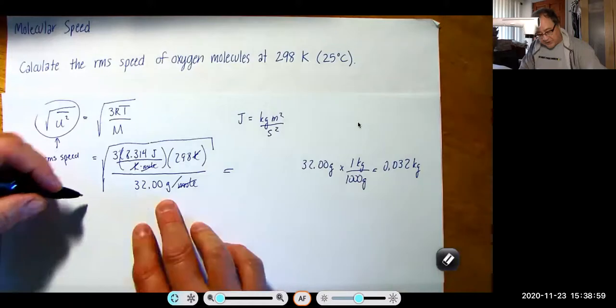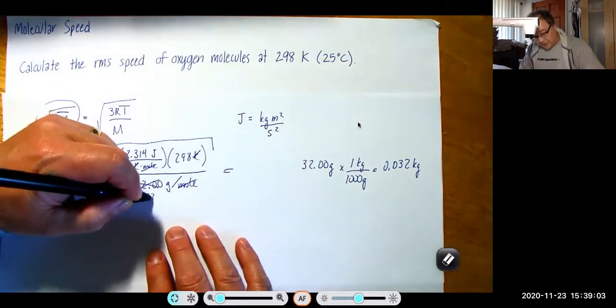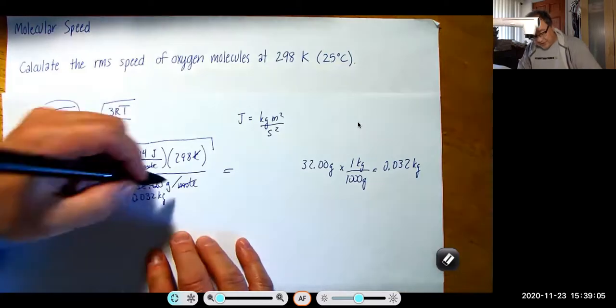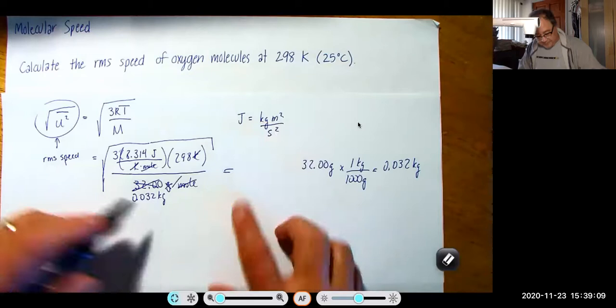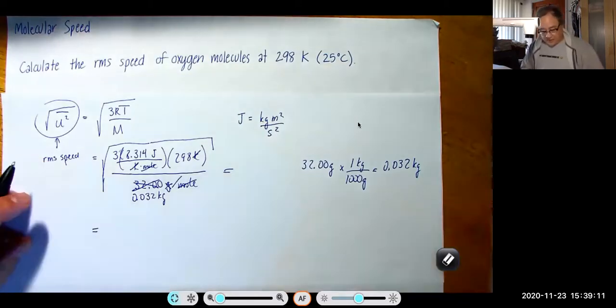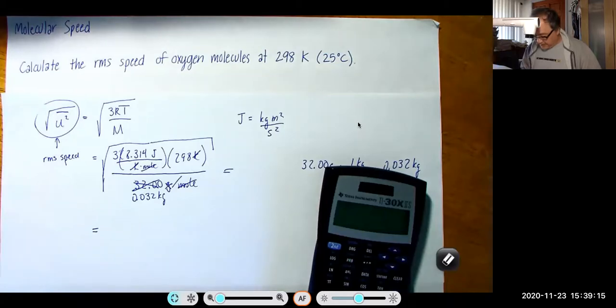So I'm going to cross this out and write down 0.032 kilograms so that this kilogram can cancel that kilogram, and we'll put our numbers in now. Clear? 3 times 8.314 times 298 divided by 0.032.